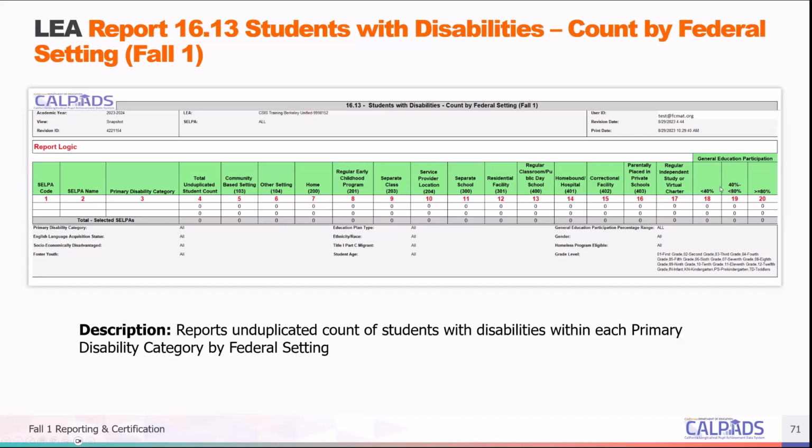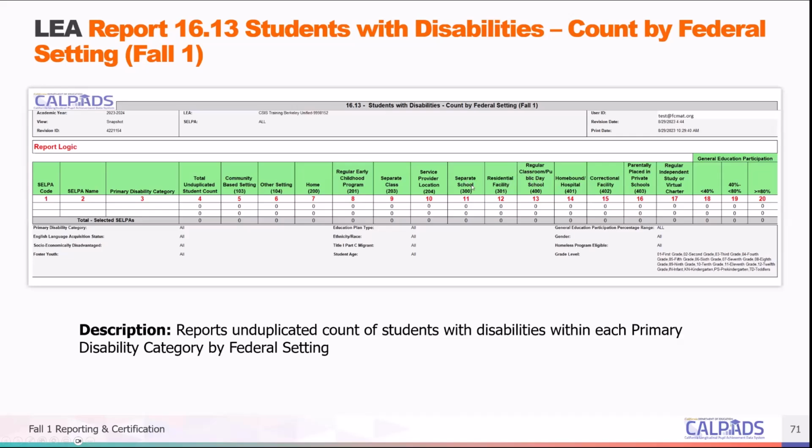Remember that for students with disabilities, we would like them to be with their peers in general education as much as possible. So the greater the time that they're separated from general education, basically the lower the number, the more restrictive the environment. Some settings are more restrictive than others. Separate schools would be a setting that's more restrictive than a regular classroom, 400.